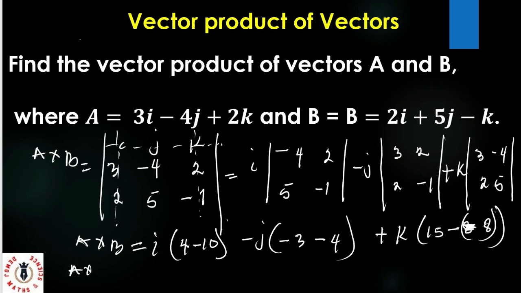So that A times B will be the same thing as 4 minus 10, that's minus 6i, minus 3 minus 4, that's minus 7, times minus 1, that's plus 7j, and 15 minus minus 8, that's plus 23k. You can see this is a lot easier than the expansion method.